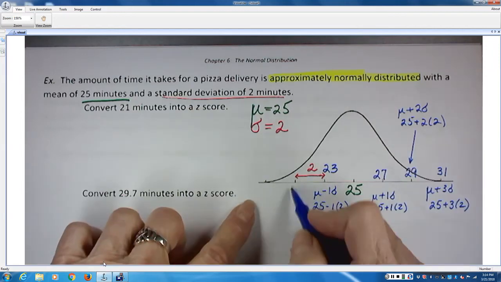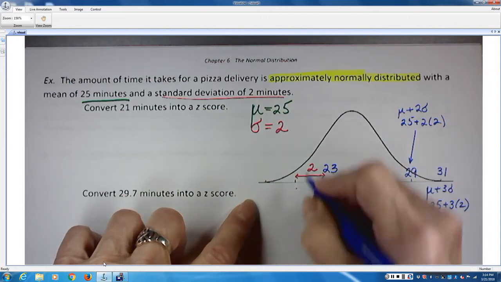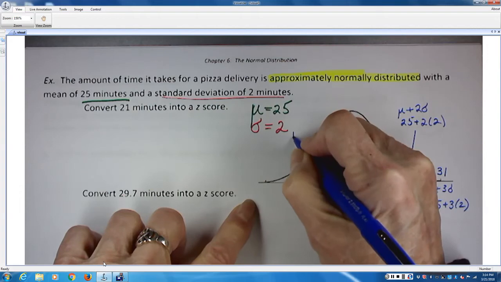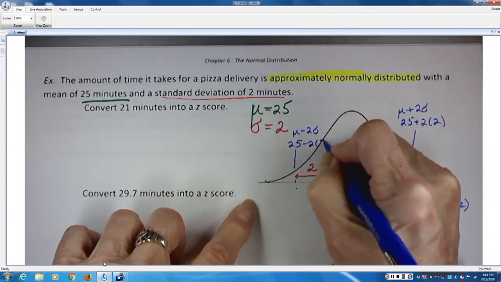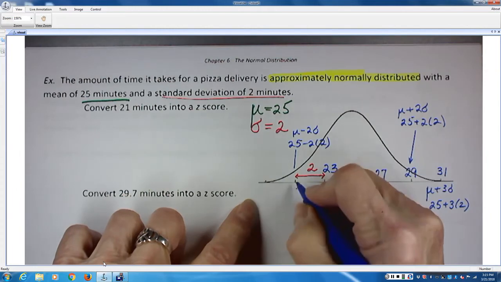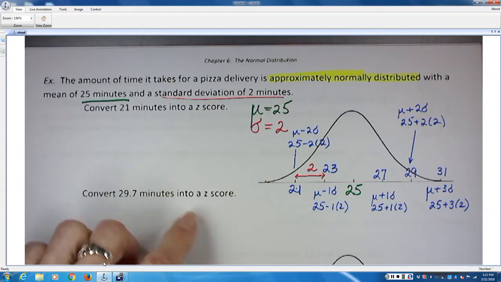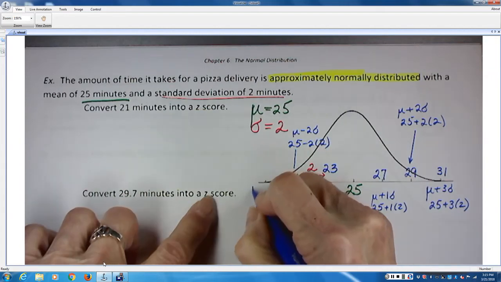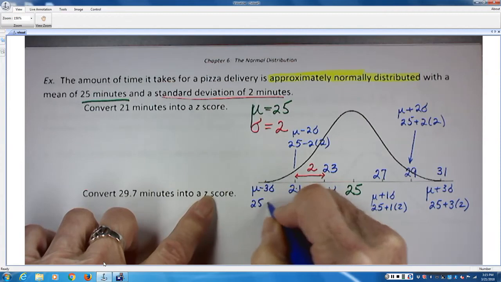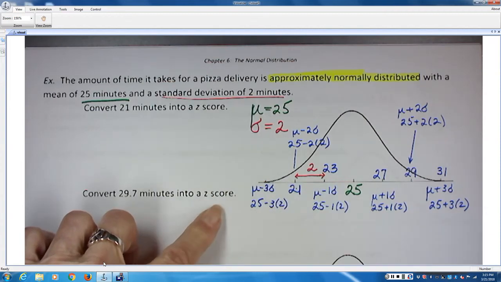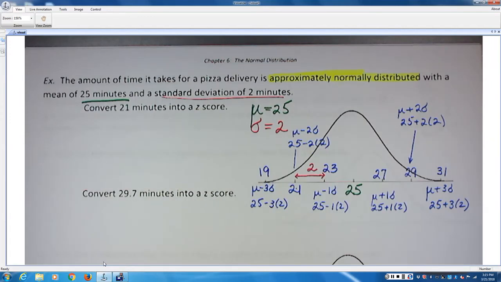And then if I go down another standard deviation, that's going to be the mean minus 2 standard deviations, which will be 25 minus 2 times 2, or 25 minus 4, which means this is 21. And then if I go down the third standard deviation, that will be 25 minus 3 times 2, or 25 minus 6. So this would be 19. Okay?